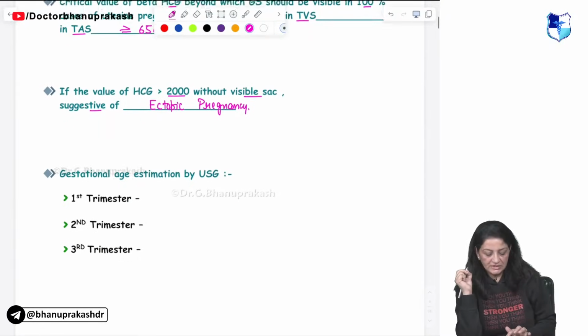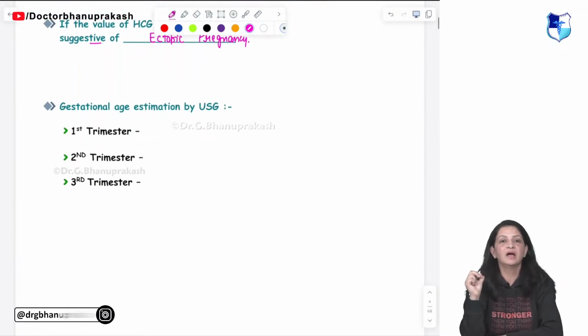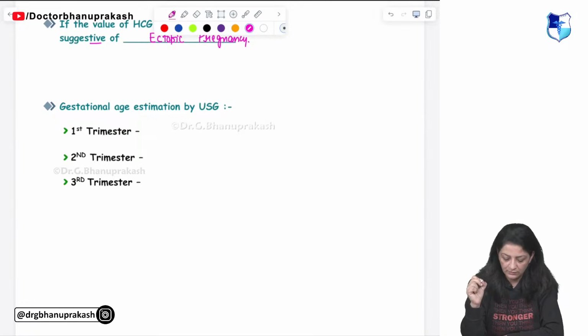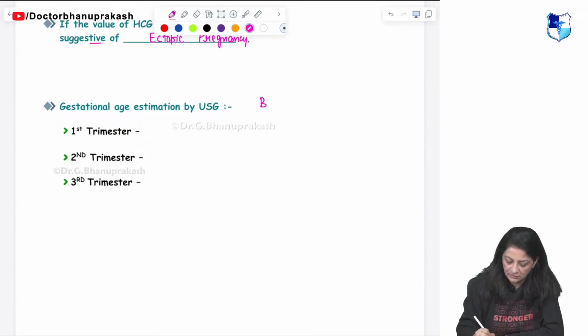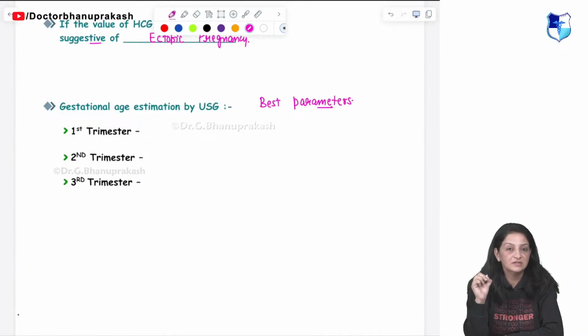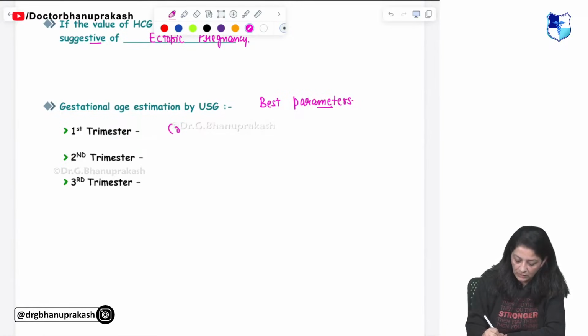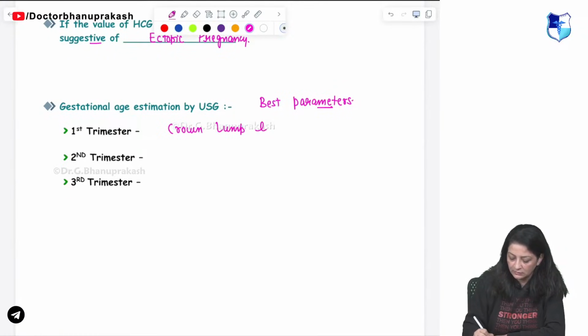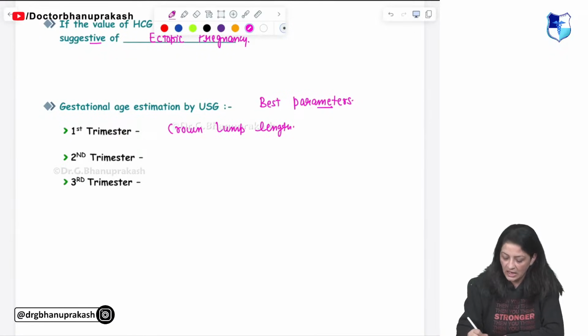So, gestational age estimated by ultrasound. What are the best parameters on ultrasound to check exact gestational age? In the first trimester, crown rump length, CRL.